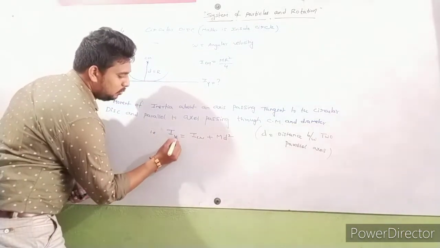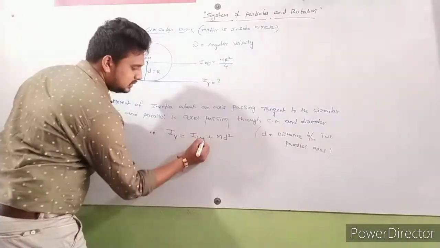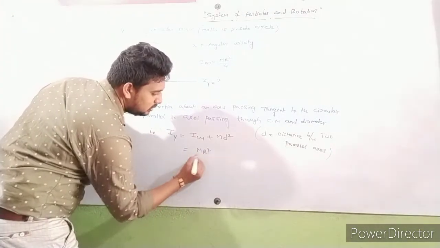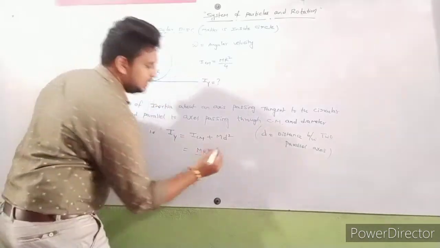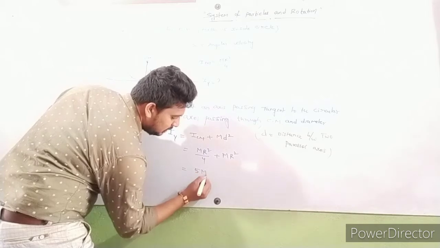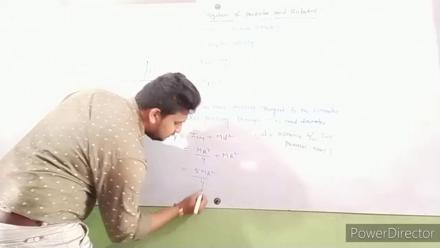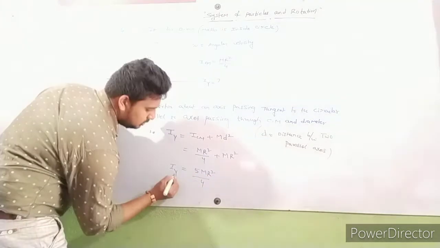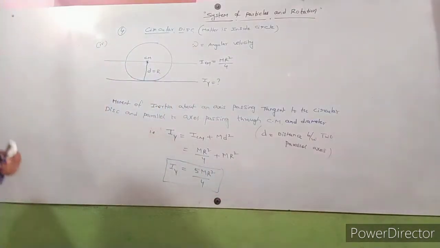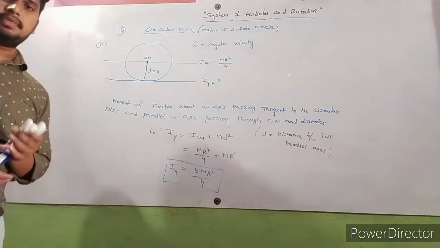Iy is equal to ICM plus md square, ICM means mr square by 4 plus m into r square, so 5 mr square by 4. So Iy is equal to 5 mr square by 4.